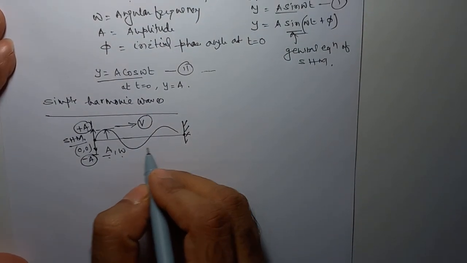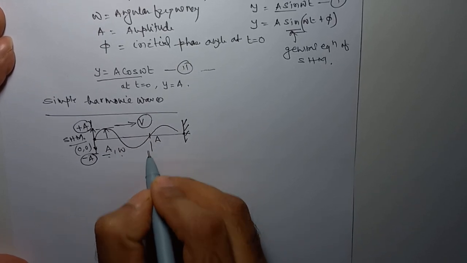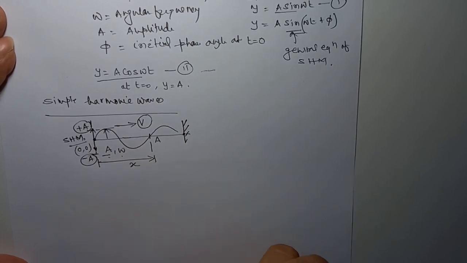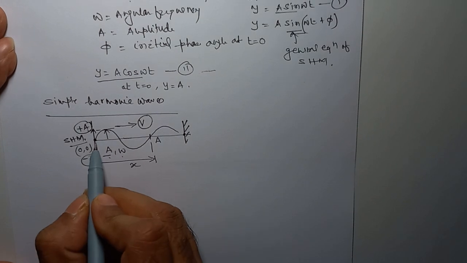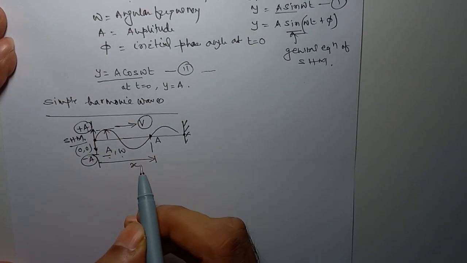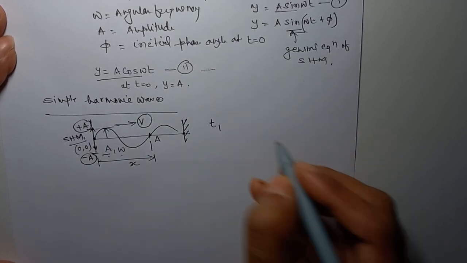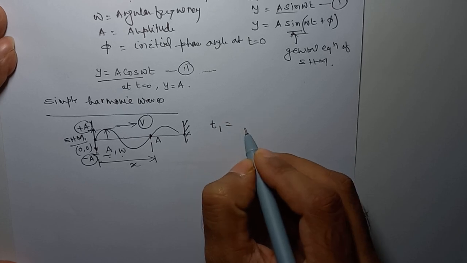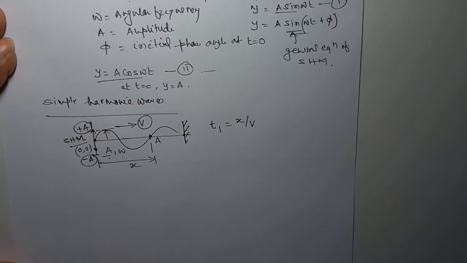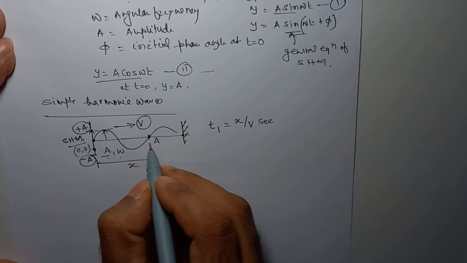We consider any point on the string, say this point is A, which is x distance from the origin. So the wave produced at the origin will reach point A at a time, say t1, and t1 we can represent as distance x divided by v. So it will take x by v seconds to reach point A.